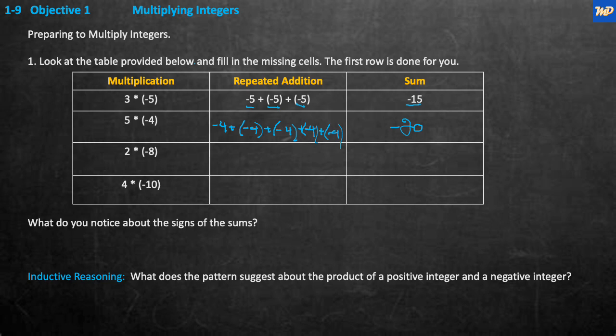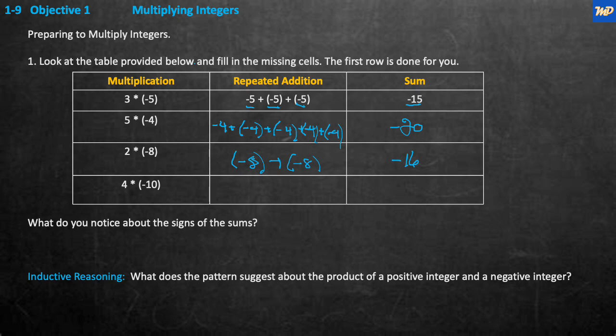2 times negative 8. Okay, so repeated addition is the quantity negative 8 plus the quantity of negative 8. And 2 negative 8s together is negative 16. And then last here we have 4 times the quantity of negative 10.